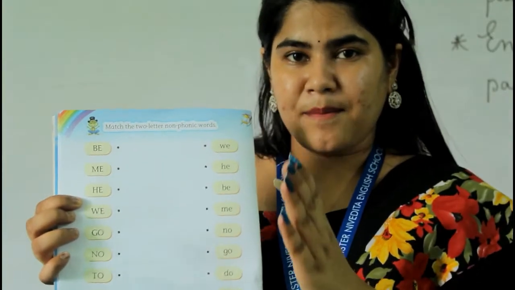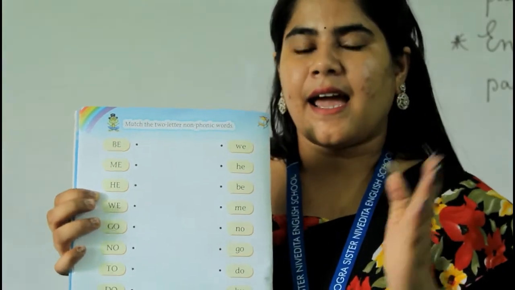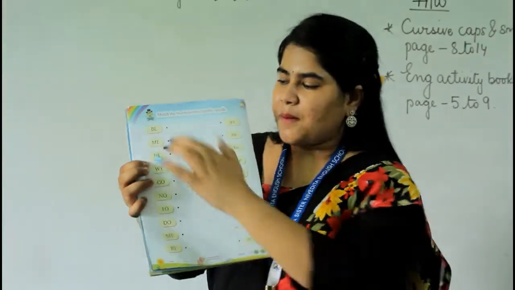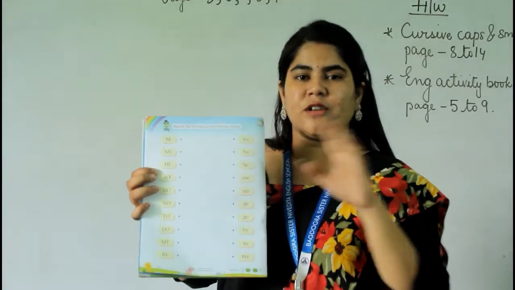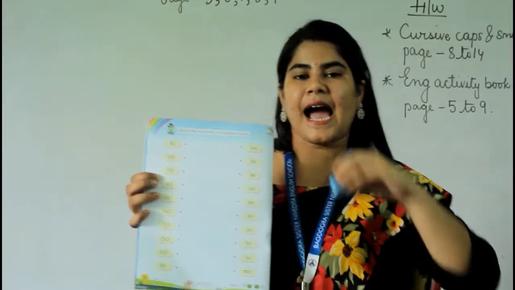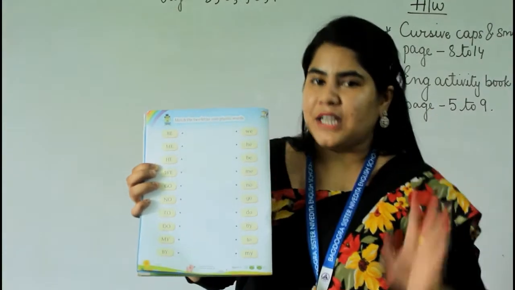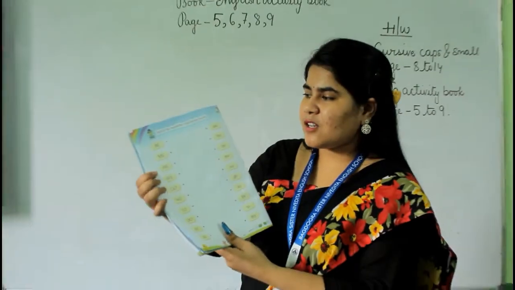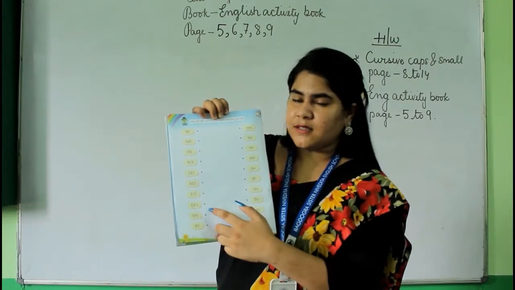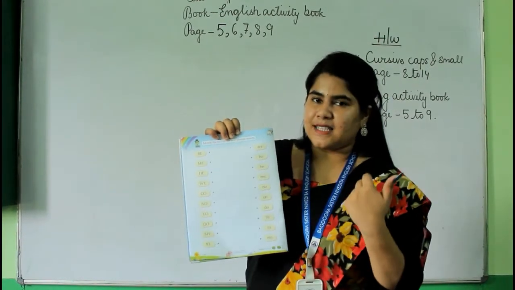For A-M, am, A-N, it's an, right? But here in non-phonic words, you will not get these things same. Your spelling and pronunciation will be different. Okay? So here in this also, we will read all this, then we will do the exercise part.